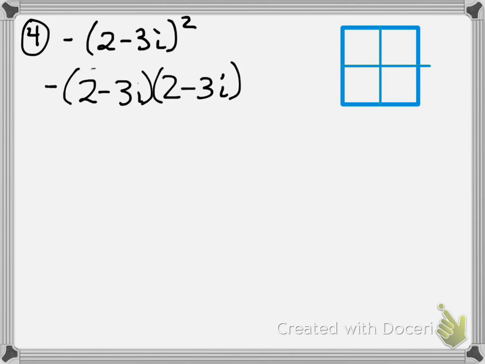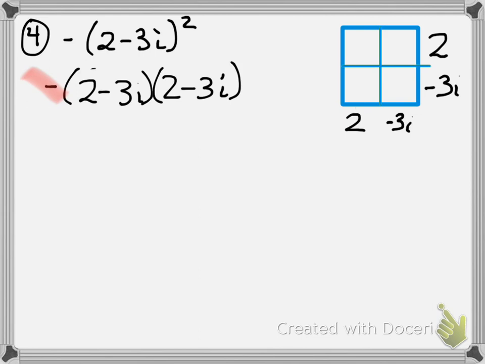I'm going to let this negative sign hang out in the front until I'm ready to work with it. It's hanging out in the front until we're done with the FOIL process. You could distribute it to the first parenthesis at this point, but I don't like to deal with it till the end whenever it has them in the front. And so the 2, negative 3i, 2, negative 3i in both spots.